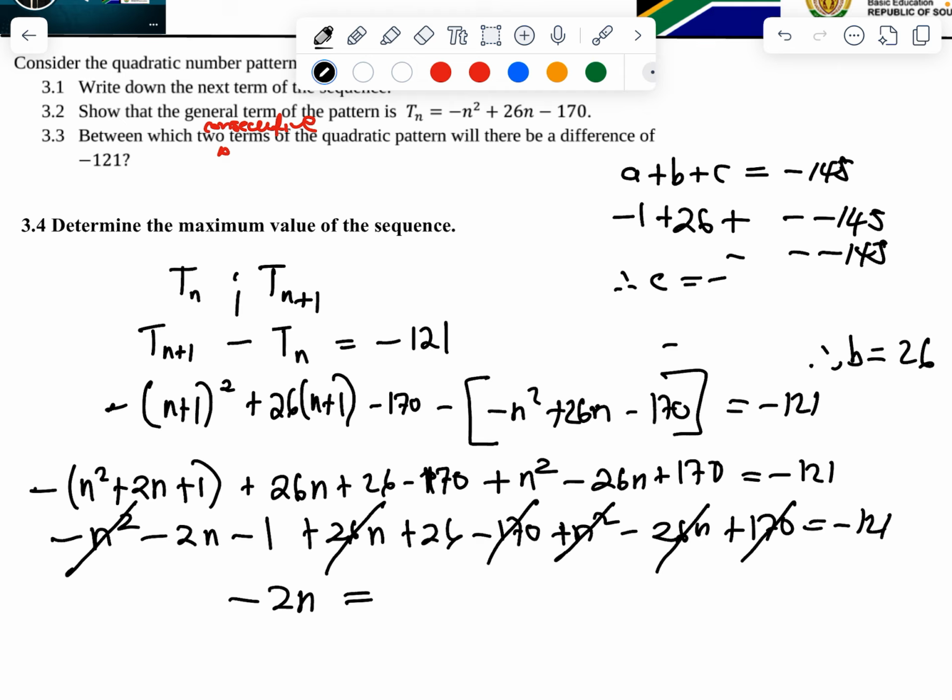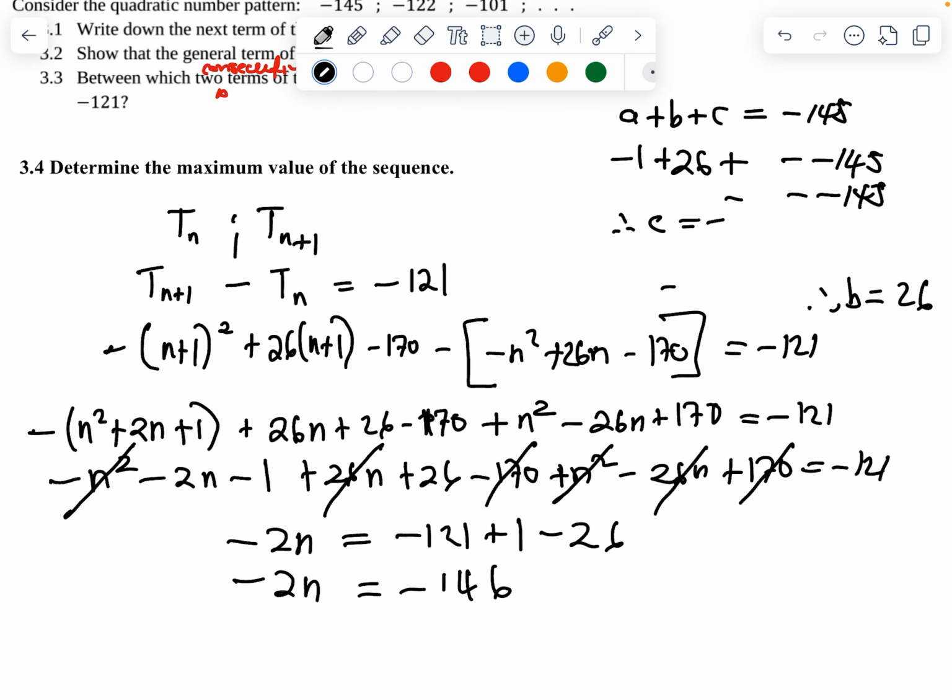So it will be minus 121 plus 1 minus 26, and we're going to have minus 2n equal to minus 121 plus 1 minus 26, and that is minus 146.